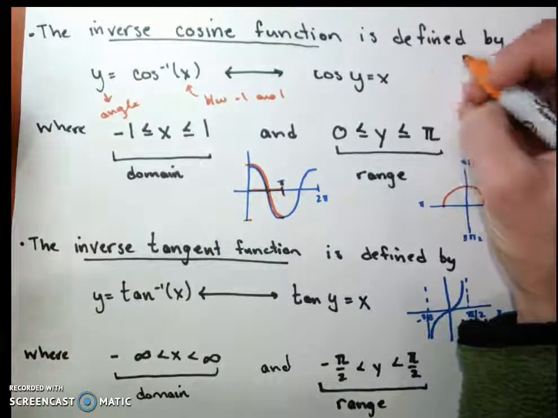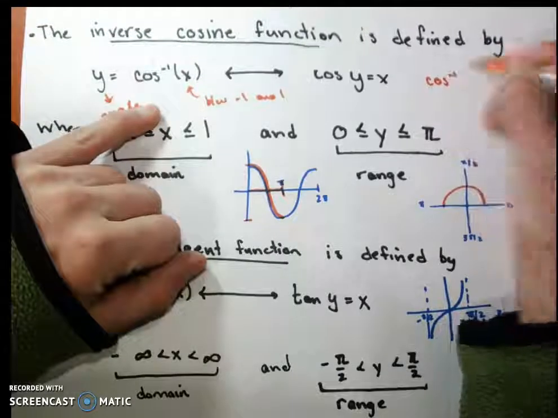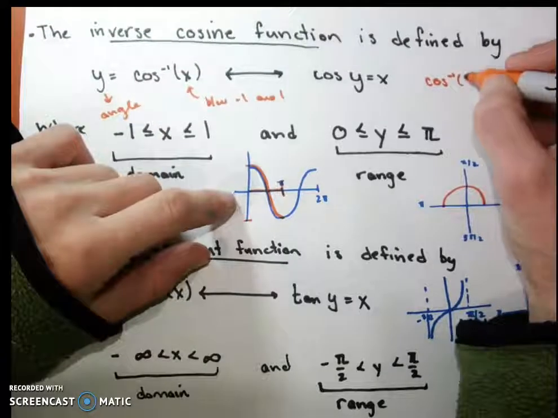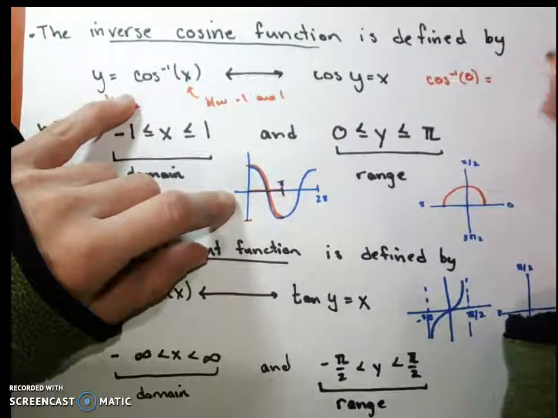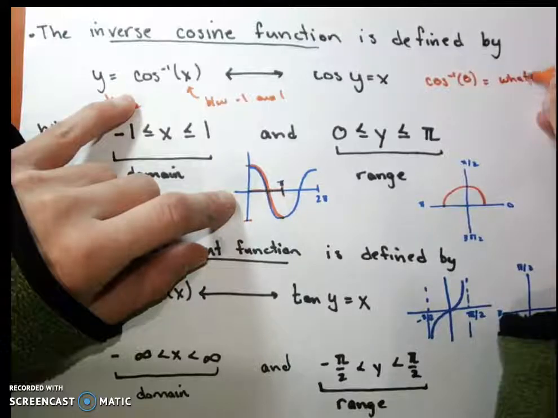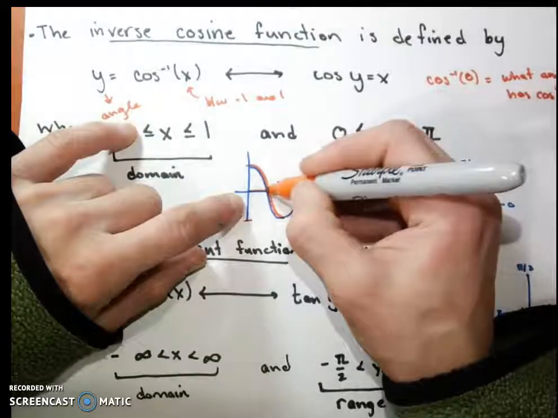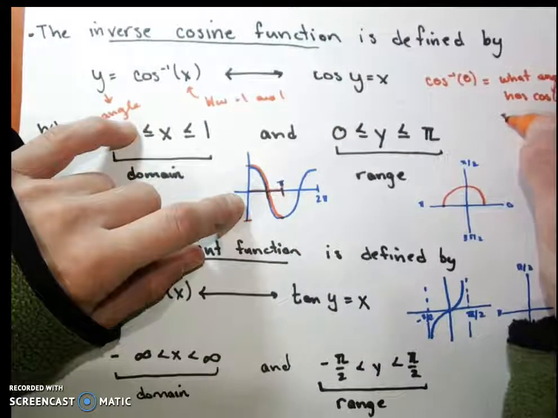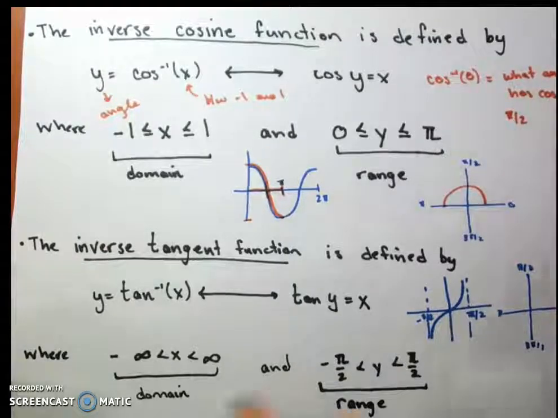So for example, if we do cos inverse of 0, what I'm asking is what angle y has cos y equal to 0. And we can see that that angle is pi over 2. So that's our answer. We input values, we get out angles.